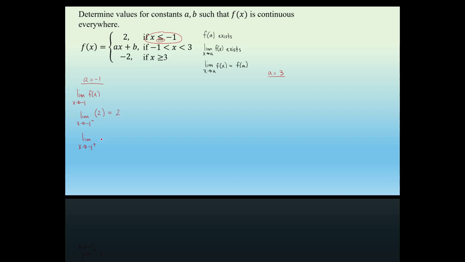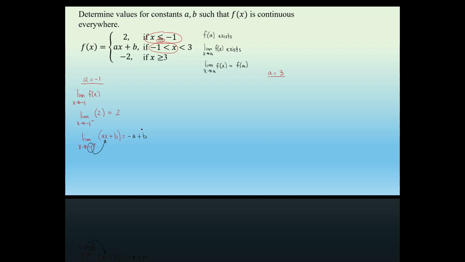Then, if we consider approaching -1 from the right, we're looking at values that are greater than -1, and that is the second part of our piecewise function. And remember that this is direct substitution, so we can plug the value in, -1 for x, and we'll end up with -a plus b.